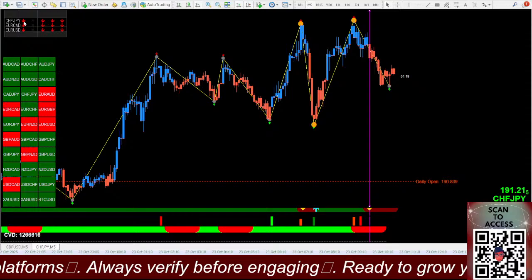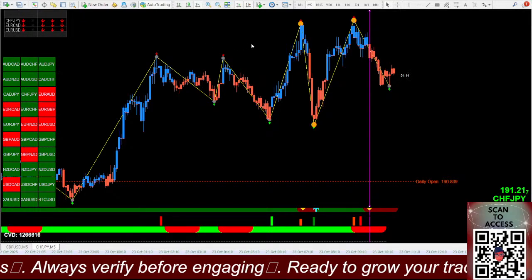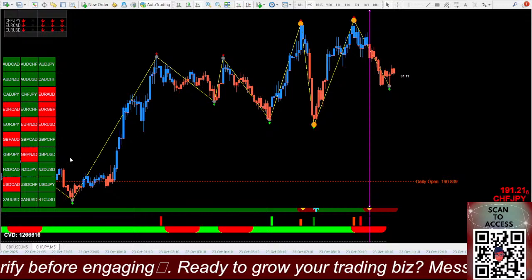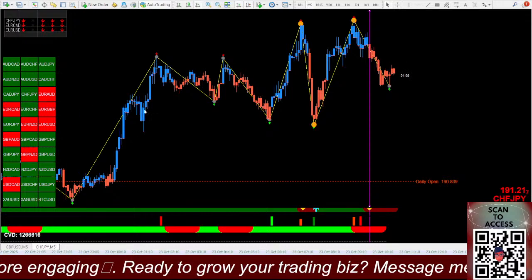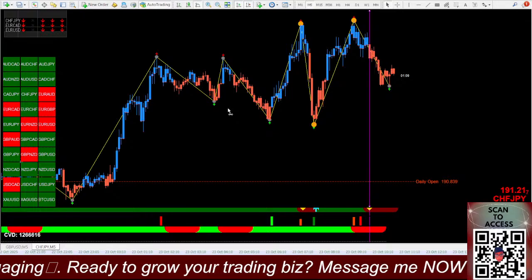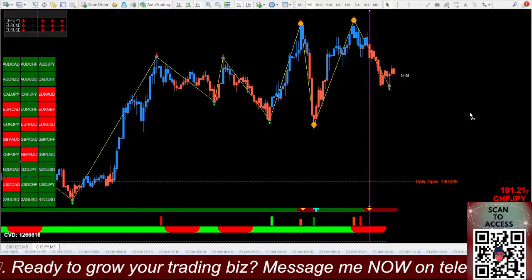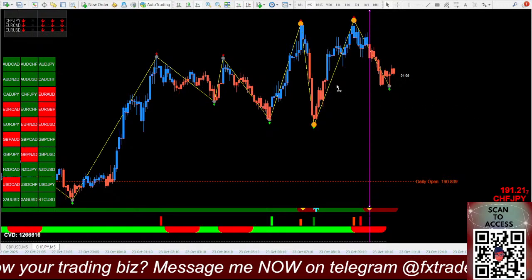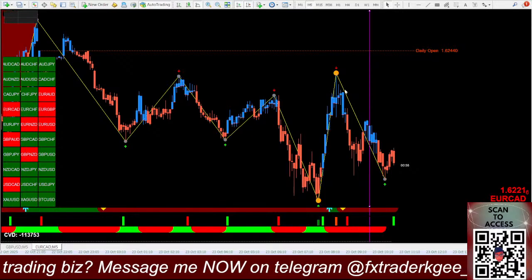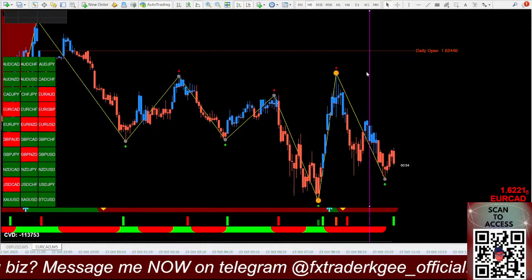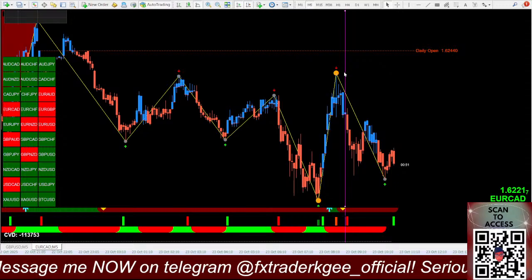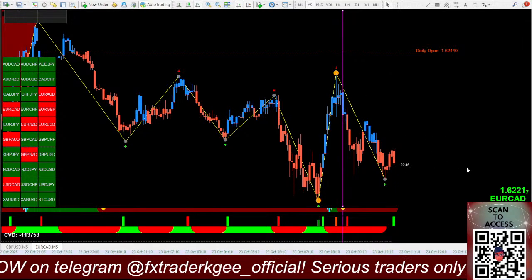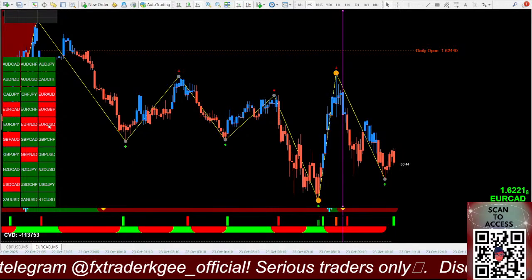Then the second one is Euro card, and the third one is Euro USD. If it was for Euro card, I would have taken this trade from around here, and look at where price currently is.